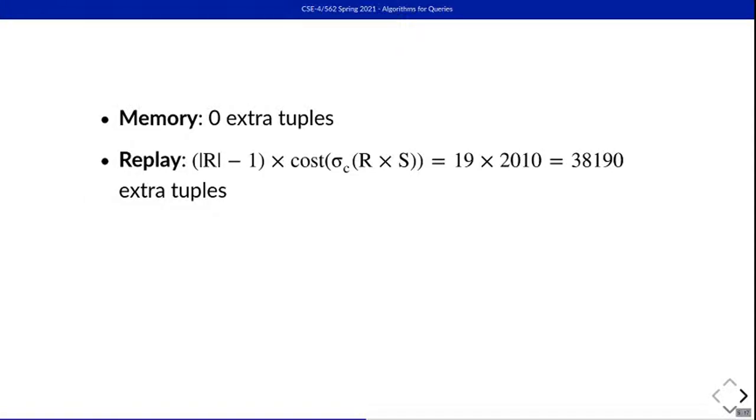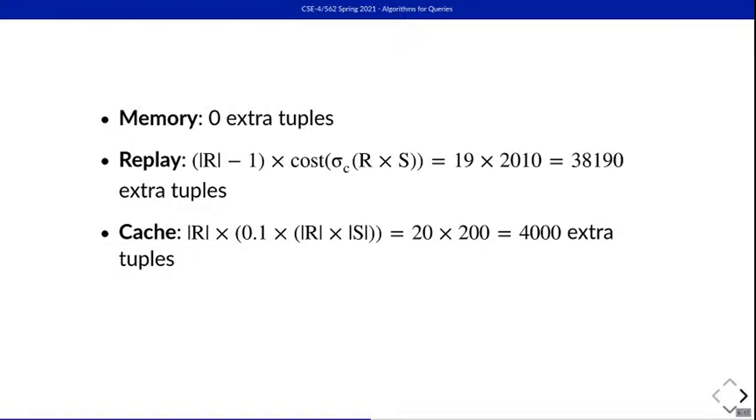Now there are 20 tuples in R. We've already accounted for the cost of one of those, so the cost of replaying for the remaining 19 tuples, well, let's go back. The cost of running that entire iterator from scratch was 2010. So rerunning the entire thing 19 more times is going to cost us 38,190 tuples worth of I/O. That's a lot.